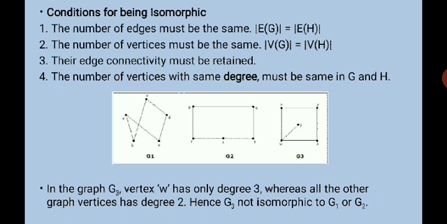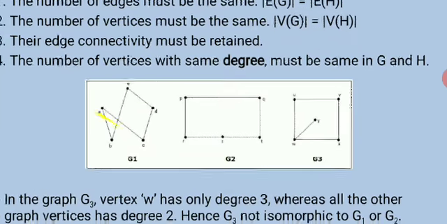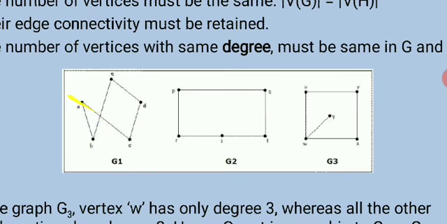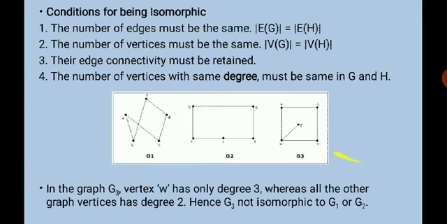So in this example we can take the number of edges. You see that the number of edges must be the same, the number of vertices must be the same, and their connectivity must be retained. The number of vertices with the same degree must be the same in G and H, right? If I enlarge this figure a bit, you can see here G1, G2, G3. Everyone has degree 2, 2, 2, but this W has a degree 3, so this is definitely not an isomorphism.